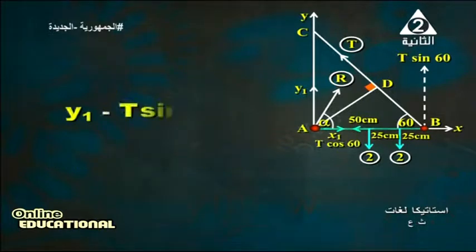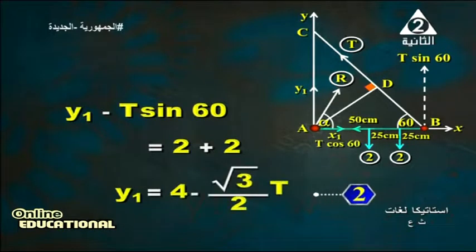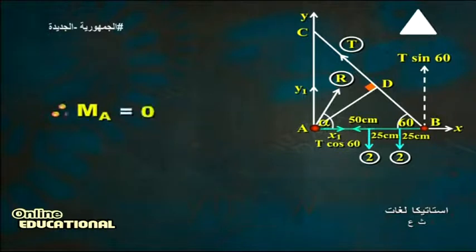By the same method, summation of y equals 0: y1 plus T sine 60 minus 4 equals 0. Then by using sine 60 equals root 3 over 2, y1 equals 4 minus root 3 over 2 T. This is the value of y1.